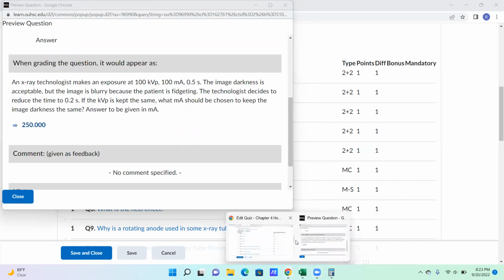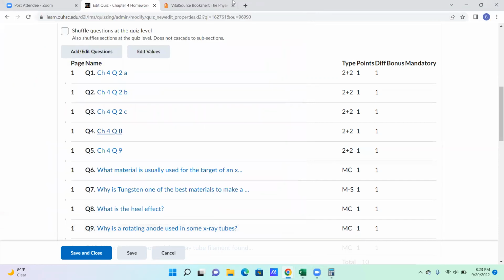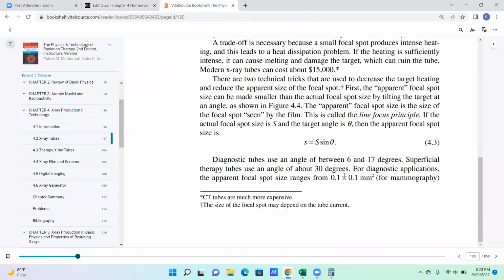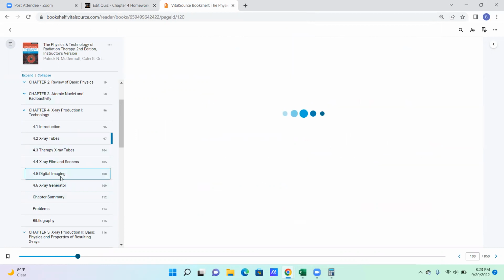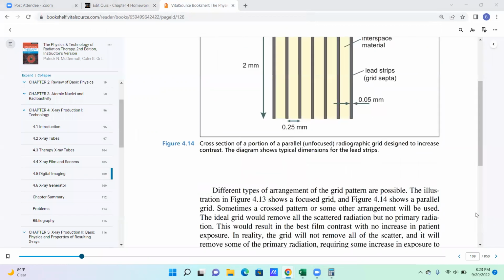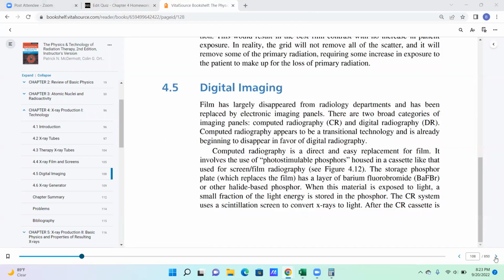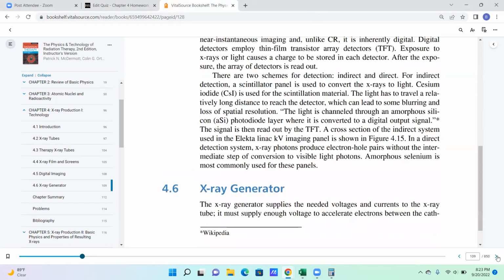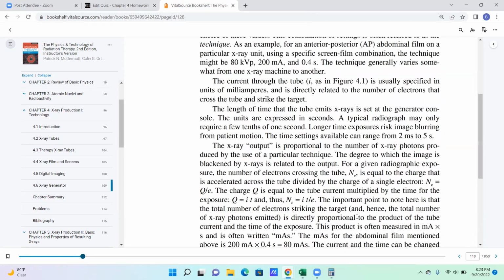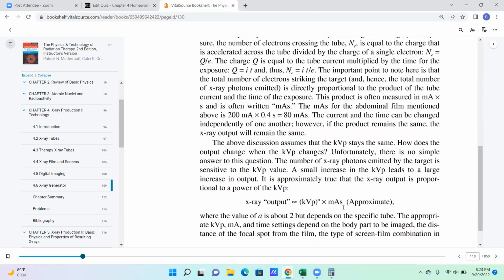So again, if we go into the book, you can see here that there is a formula regarding the X-ray output, and it is approximately true that the X-ray output is proportional to the power of the kVp.